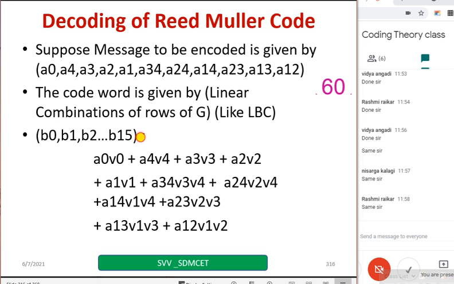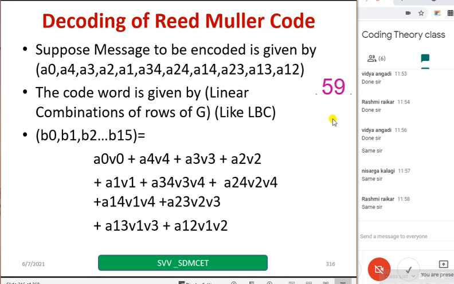This is just C equal to D into G. Let us consider how I got these 16 bits using the same procedure. This I have done: A12 into V1 V2. Just copy this down. We will see how to decode A0, A4, A3, A12 one by one. We are going to decode bit by bit, a lengthy procedure.